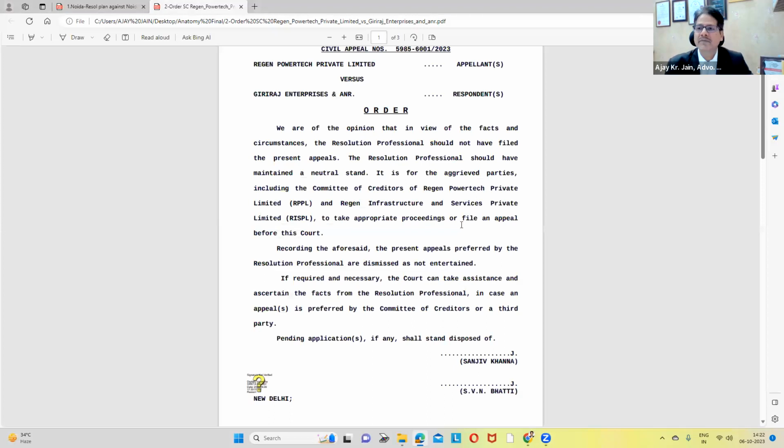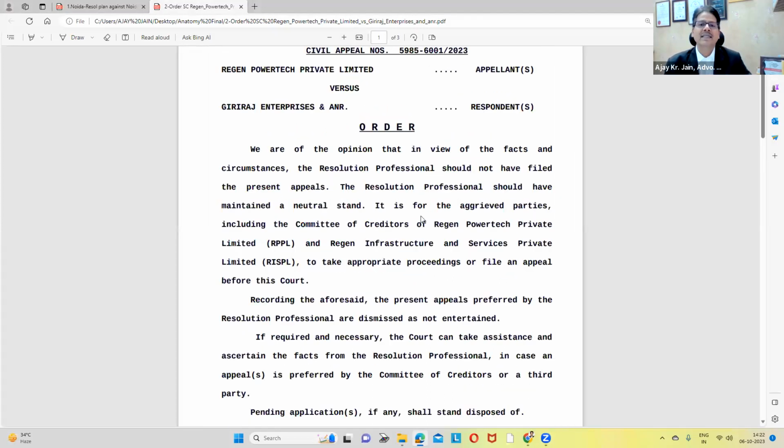Regent Power Take. Order passed by the Honorable Supreme Court. What mistake did the RP commit? He committed one very big mistake: the resolution plan or something associated with the stakeholders was disapproved by the NCLAT, and then he went to the Supreme Court.